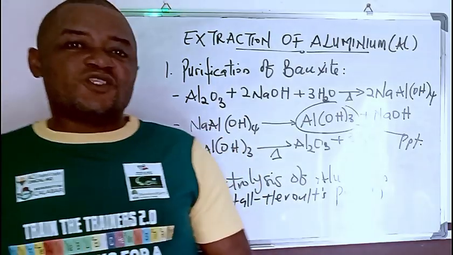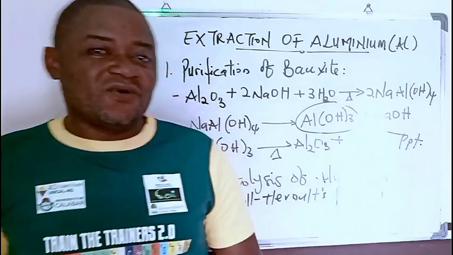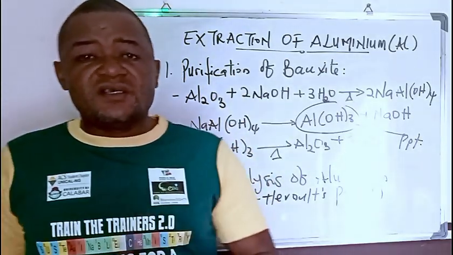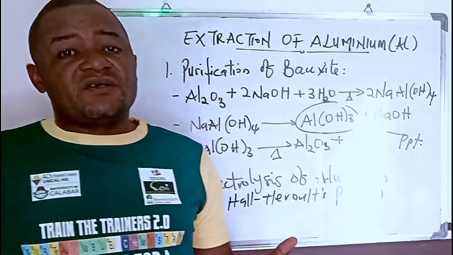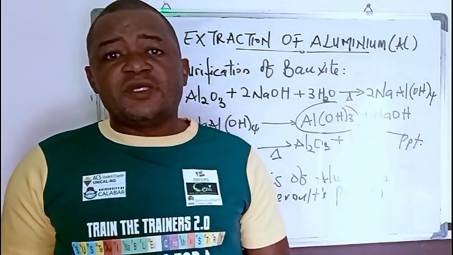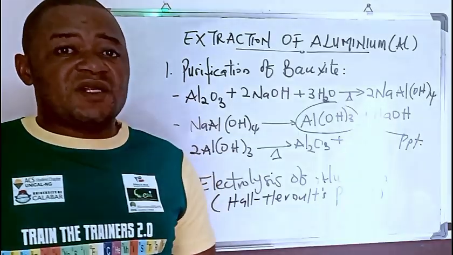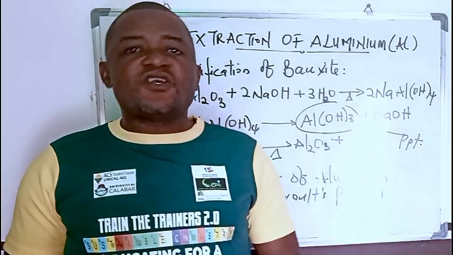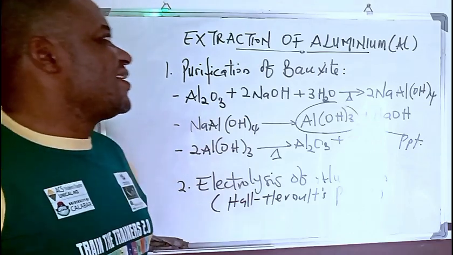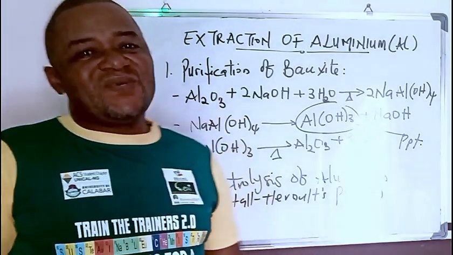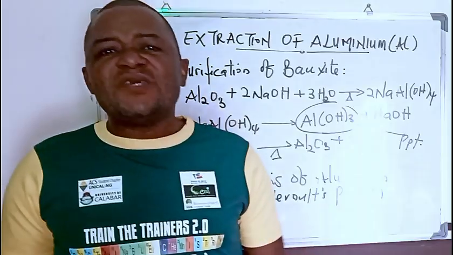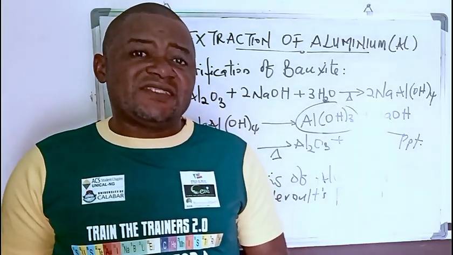Aluminium has an atomic mass of about 26.98. If it has an atomic number of 13, its atomic mass is more like double its atomic number. And of course, it's in decimal because it exhibits some level of isotopy. So aluminium has an atomic mass of 26.98. And aluminium is quite reactive.